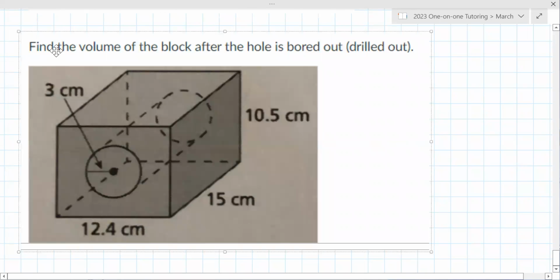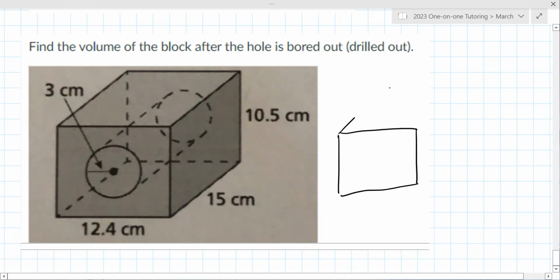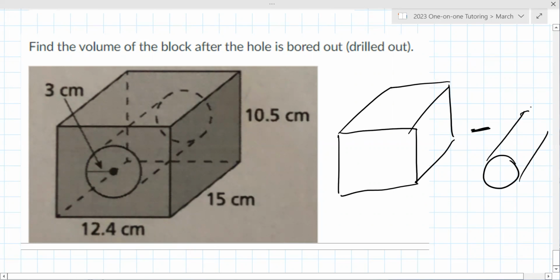Nineteen is one of these composition problems. This is find the volume of the block after the hole is bored out, drilled out. They're saying find the volume of the prism and then subtract the cylinder. So can you tell me how we would calculate the volume of the prism in this case?